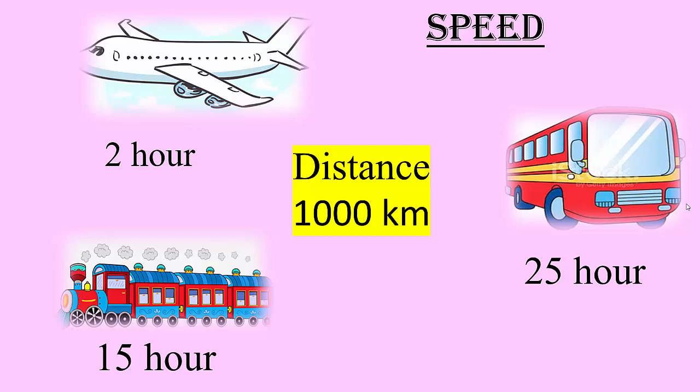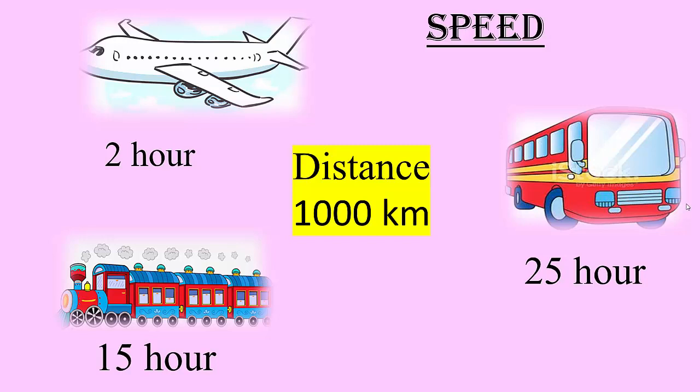So easily we are going to choose the plane because it takes only 2 hours to reach that place. That means the plane is moving much faster than train and bus. A train is moving faster than a bus but slower than a plane. And a bus is slower than both train as well as plane.